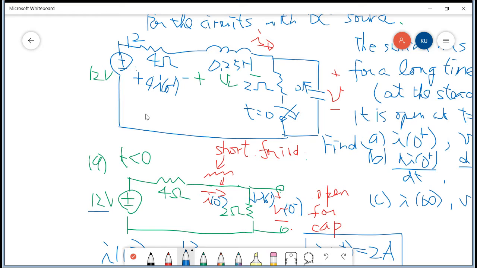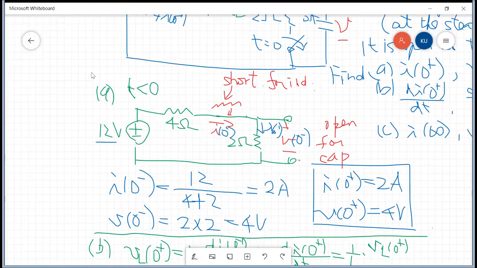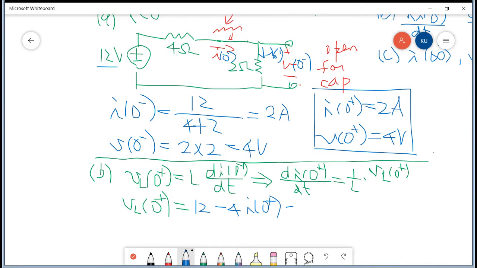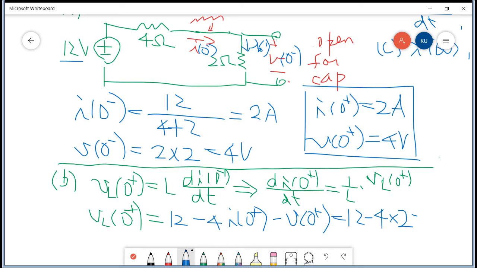So 12 volt minus 4 I(0+), also minus V(0+), which is 12 minus 4 times 2, and minus 4, which means that VL(0+) is actually 0.